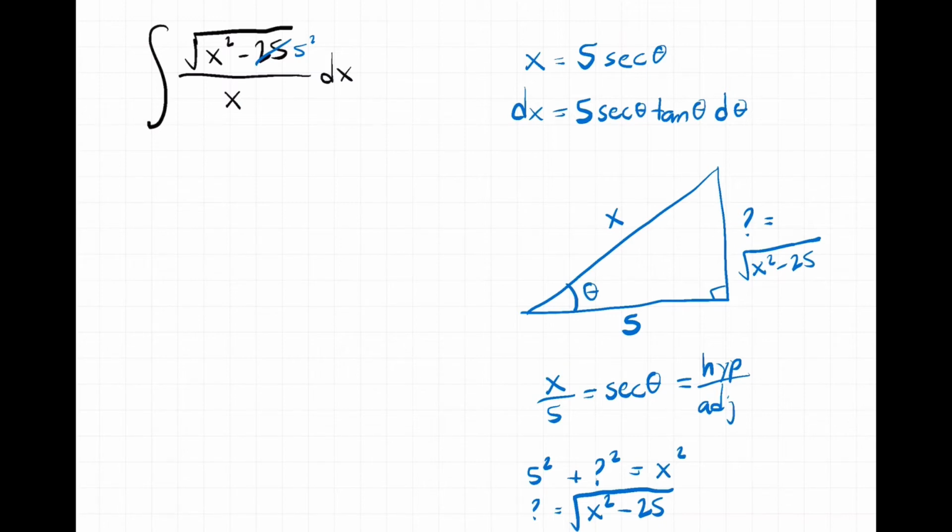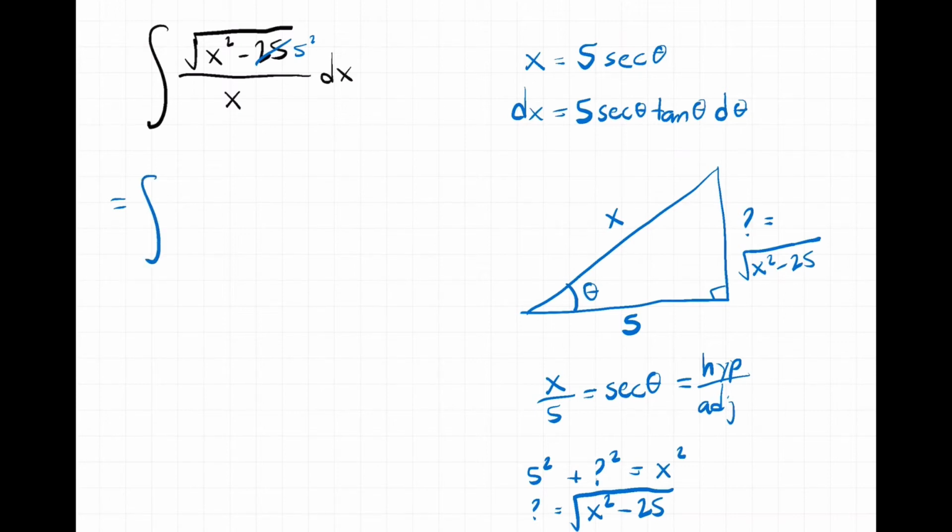So now, let's actually fill in our integral. We have a few choices for how to handle this. One option is we can say, well, the square root of x squared minus 25 divided by x in my integral, that is actually showing up as a ratio of 2 of the sides of the triangle.